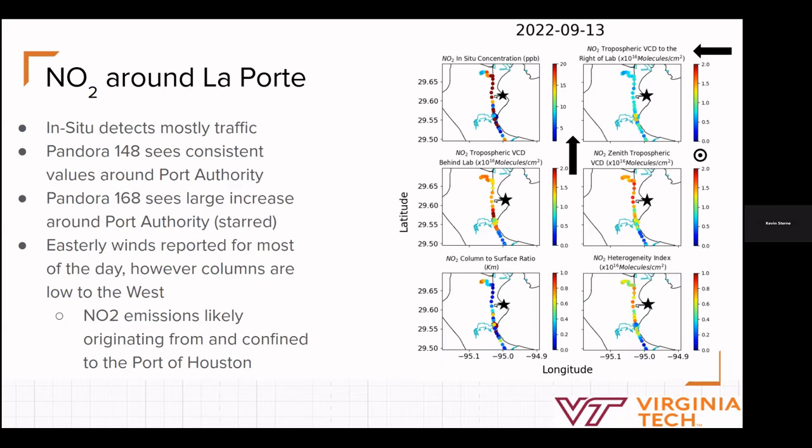This is further evidenced by the reported winds on this day being easterly, which would mean that the NO2 that was emitted at the port itself was being transported over a very short distance and ultimately remained constrained along the coastline and in between the port and the highway itself.